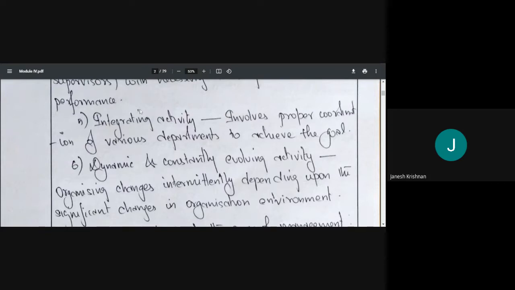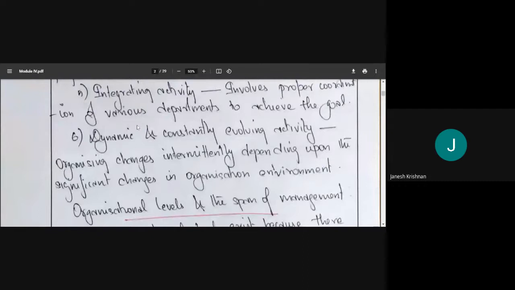Okay? It's a dynamic and constantly evolving activity. Organizing changes intermittently depending upon significant changes in the organization environment. It's a dynamic and constantly evolving activity, which means chances of changes might come.